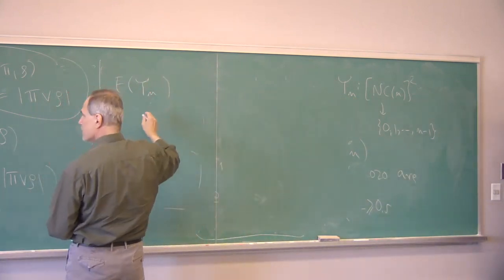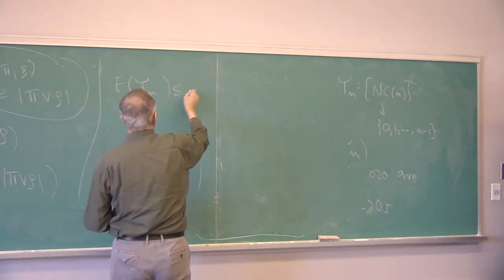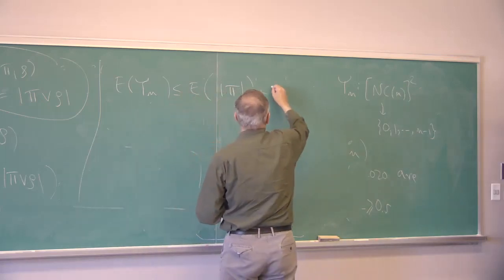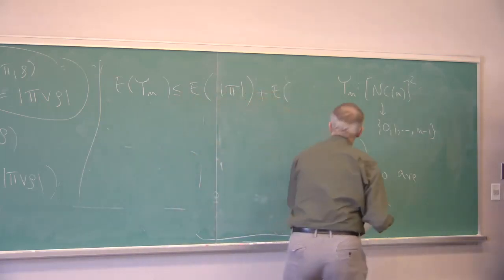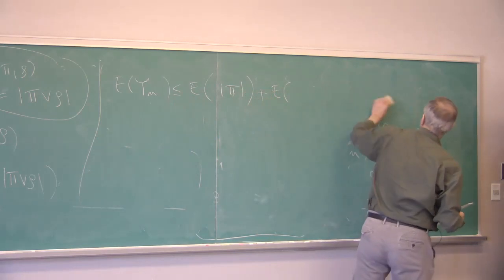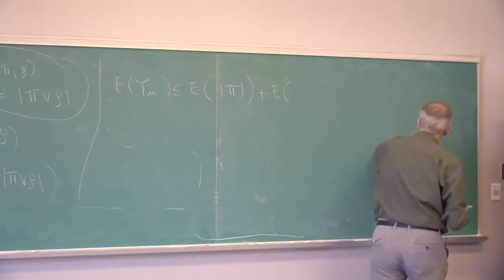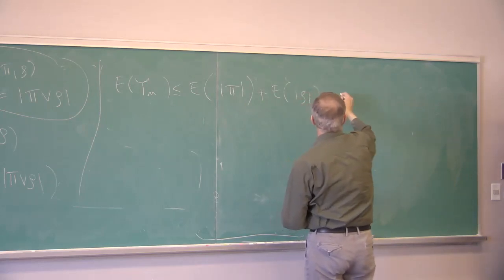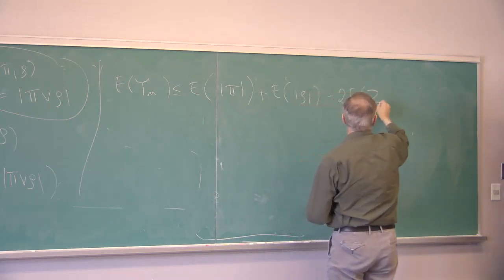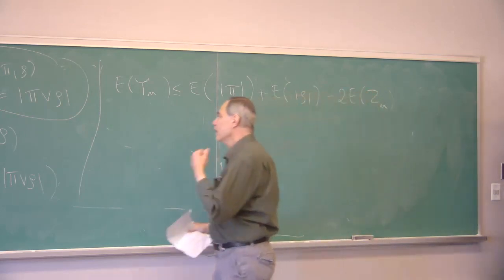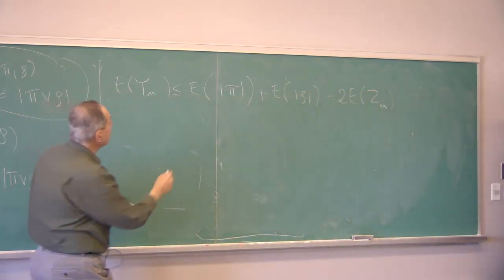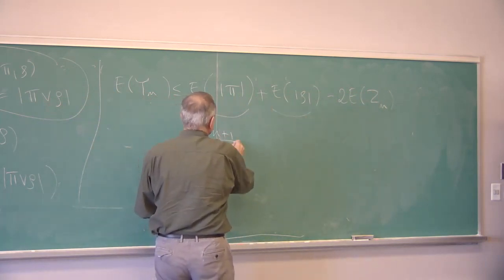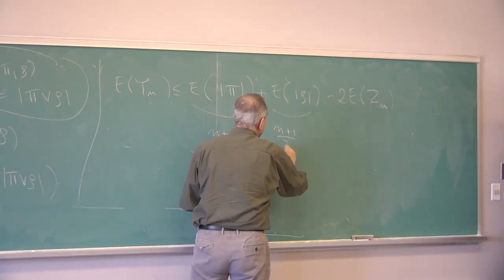So the expectation of yn is less or equal to the expectation of the number of blocks in pi taken separately plus the number of blocks in rho taken separately, minus 2 times the expectation of Zn. And what I'm arguing next is that this one and this one are clearly equal to each other, by symmetry.